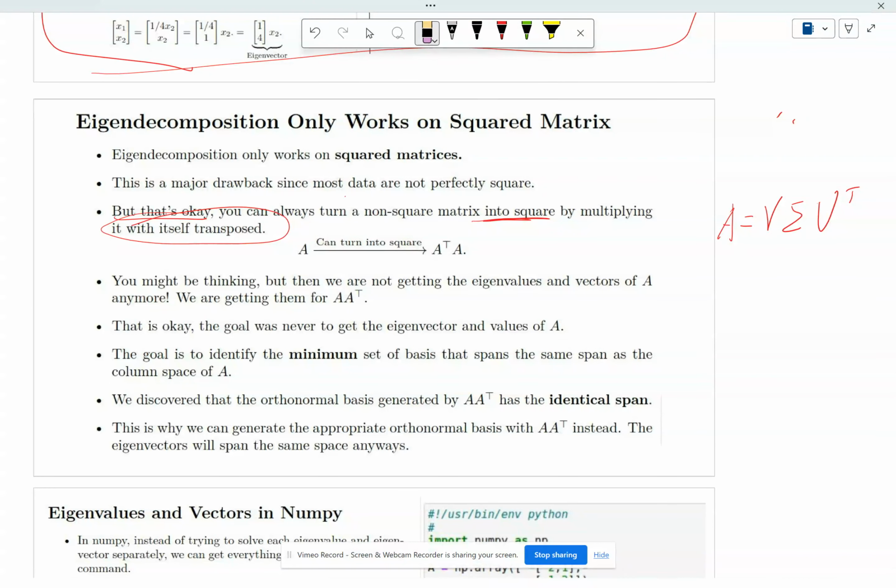And we discovered that essentially the orthonormal basis generated by A transpose has the identical span. Therefore, even if the data is not perfectly square, you can just multiply to make it square, and still be able to find the orthonormal basis that you need. This is why we can generate an appropriate orthonormal basis this way, and the eigenvectors will span the same space anyway.